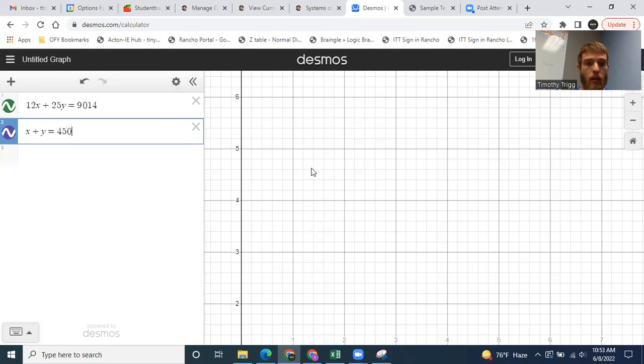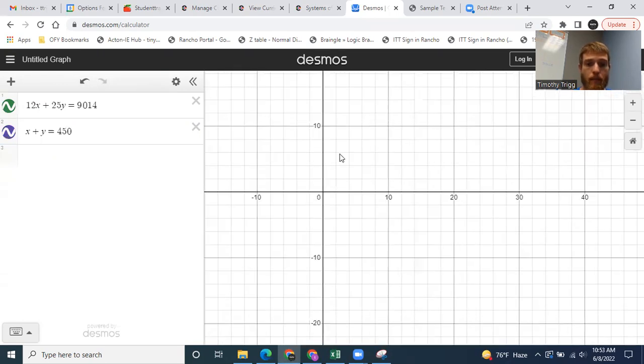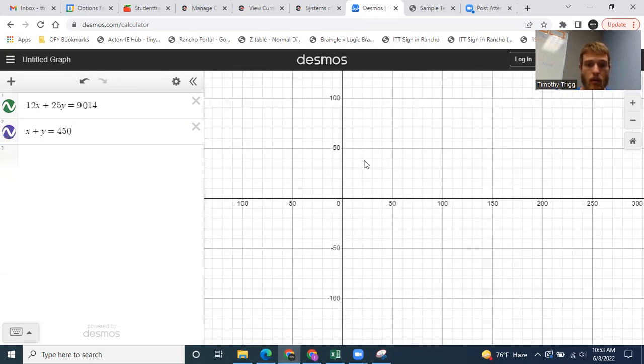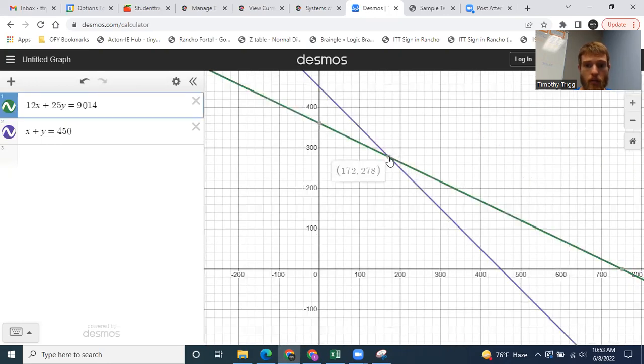Now you may have to zoom out quite a bit to see where these two lines cross. And there you go. And now remember, x is the number of children. So in this case, there were 172 children. And the y coordinate represents the number of adults. So the number of adults was 278 adults on this particular day.